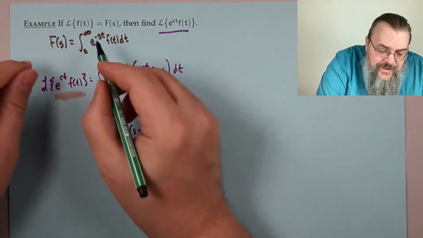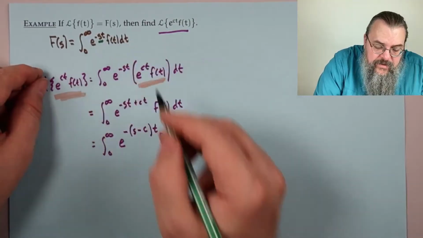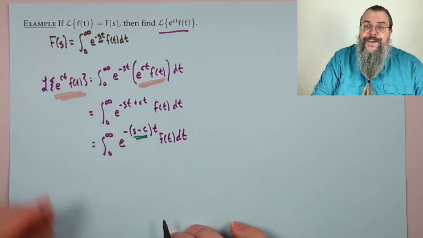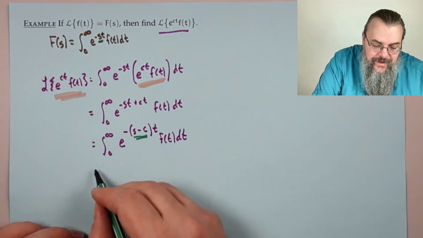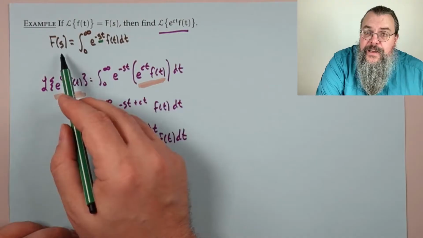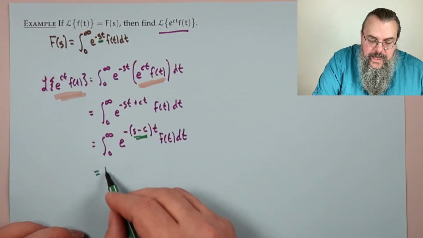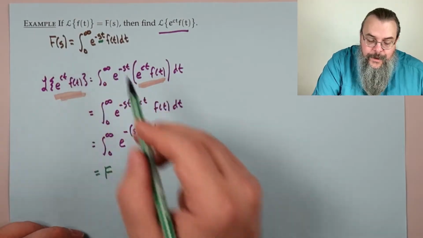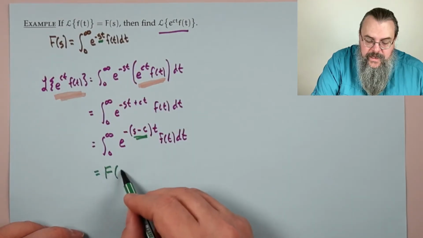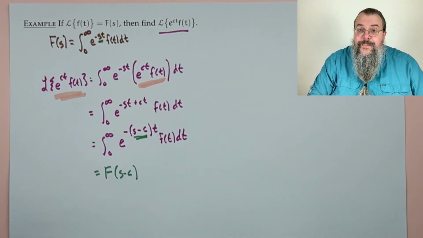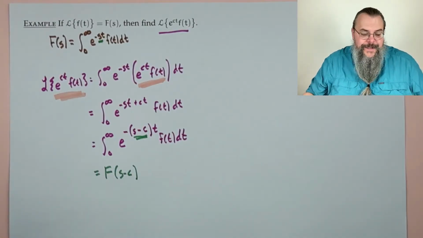So in particular, where you see s here, you see s minus c there. You say, what? Wait, that means this is the same thing, because I can imagine plugging s in. So it's like f, but instead of plugging s in, we plug in s minus c.